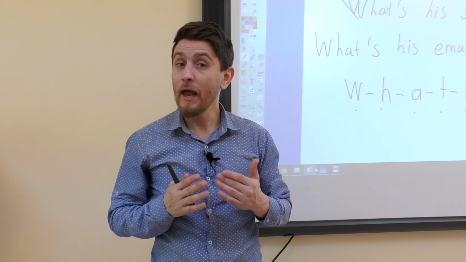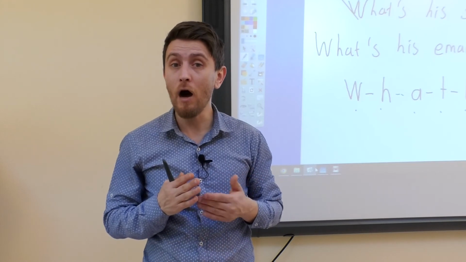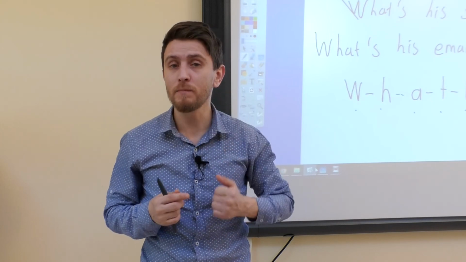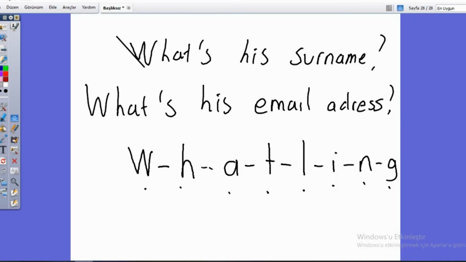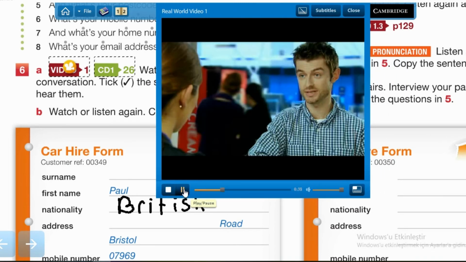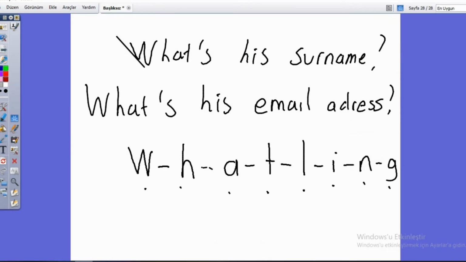So she says, excuse me, how do you spell Elmore Road? So now listen to the spelling of Elmore Road. Here we go. 29 Elmore Road, Bristol. How do you spell Elmore?